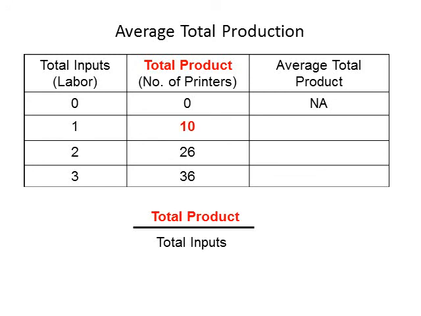Next, locate the total product column and the total product associated with 1 unit of labor. In this case, that's 10. Next, substitute 10 into the formula.